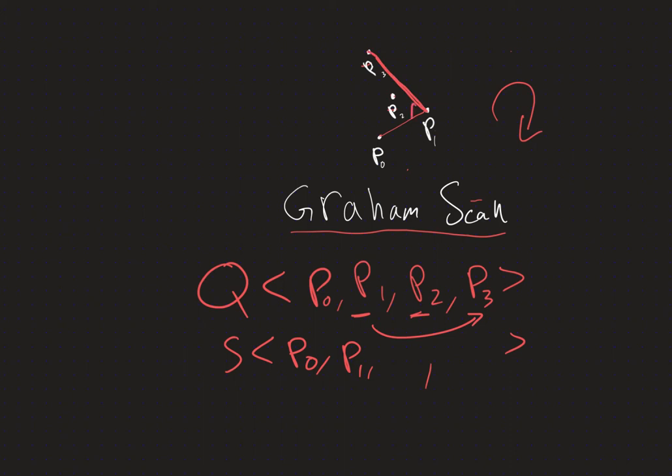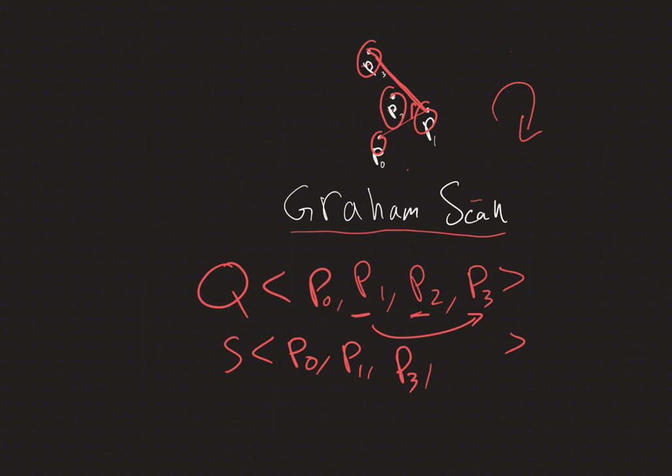We check the angle, and it's counterclockwise, so it's pushed. Now that's it. We have gone through the whole set. These three points are part of the convex hull, and P2 is not.